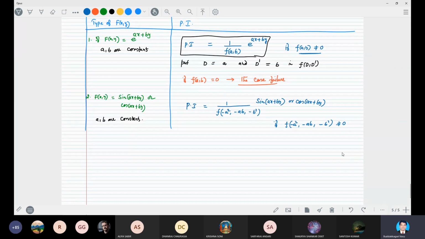So here what we will do is put D square is equal to minus a square, D D dash is equal to minus ab, D dash square is equal to minus b square.